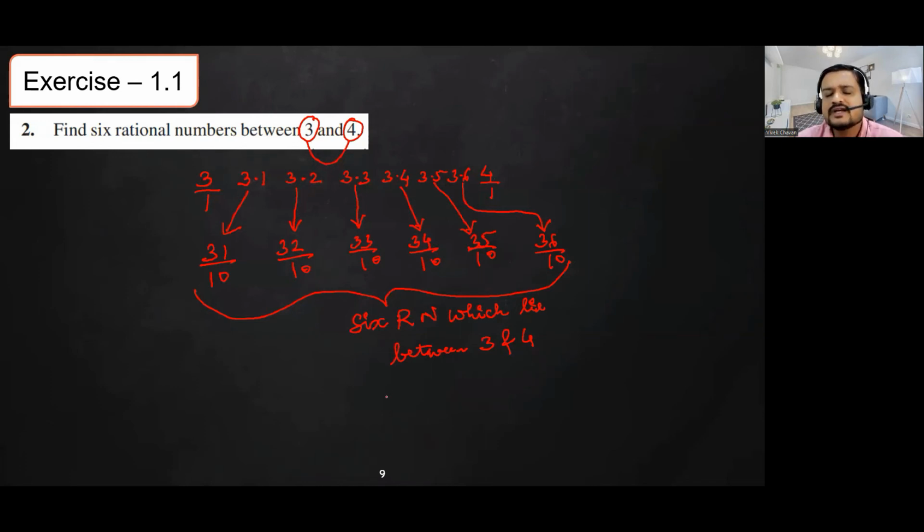Can you tell me how many rational numbers will lie between 3 and 4? Infinite rational numbers, absolutely correct. Infinite rational numbers can lie between these two rational numbers, 3 and 4. What is the reason?